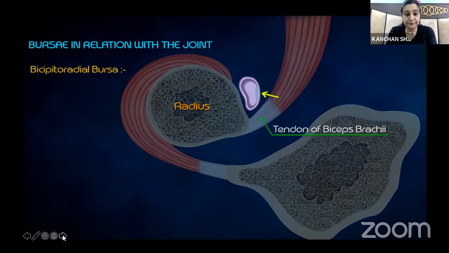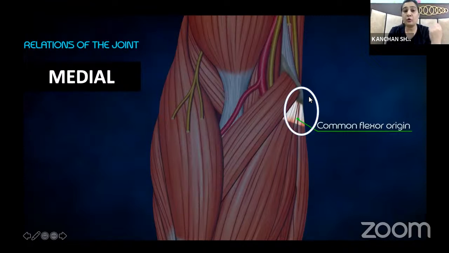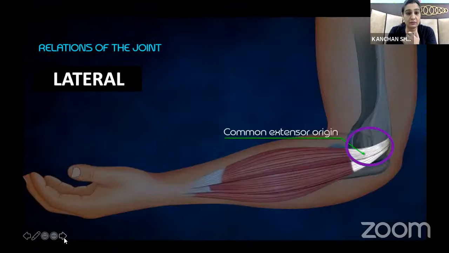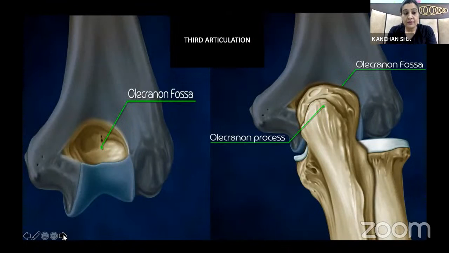Fine. Then if you go to the medial aspect, you have the common flexor origin. And if you go to the lateral aspect, you have the common extensor origin. This is how the olecranon fossa looks from the back, and this is the olecranon process which gets inserted into this olecranon fossa.